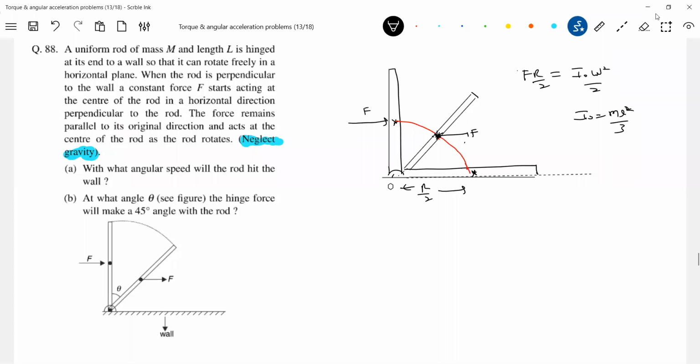At what angle theta will the hinge force make an angle of 45 degrees with the rod? You take some arbitrary position here, somewhere when it is having angular velocity, say this is the final angular velocity, you write it. When having some angular velocity omega, how do the hinge forces act? You assume possible hinge forces.